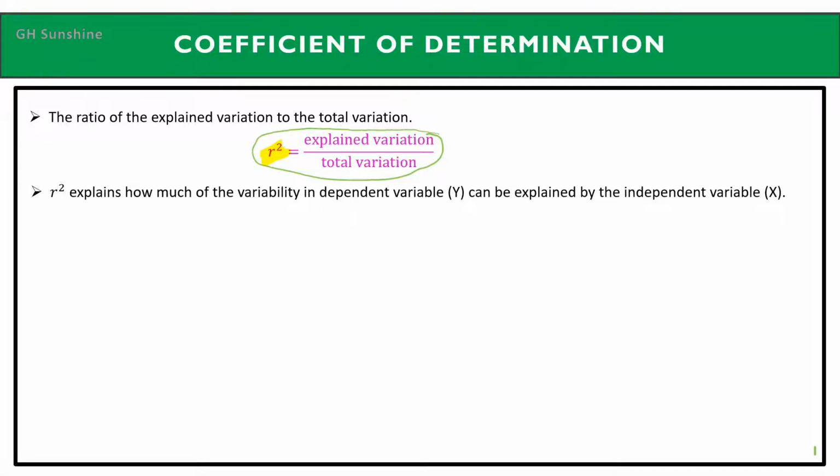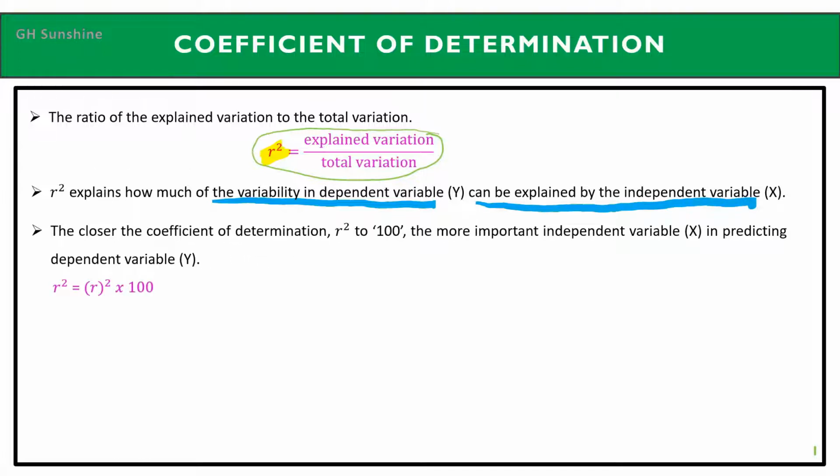R squared explains how much of the variability in the dependent variable can be explained by the independent variable. So the keyword here is the variability in the dependent variable that can be explained by the independent variable.